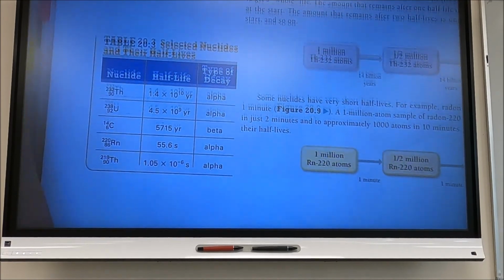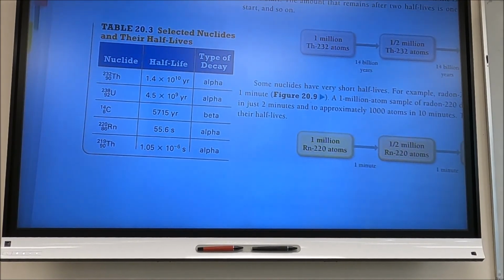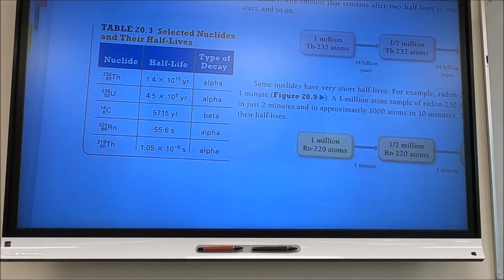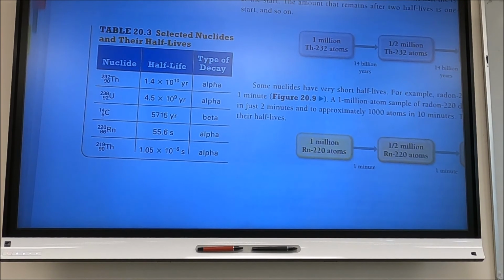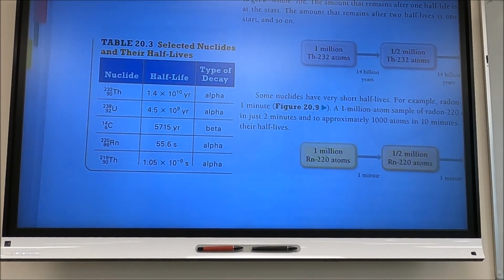Okay, if we want to deal with anything older than 50,000 years, we have to look at some different isotopes. They look at thorium, uranium, to do some dating if we're looking at things older than 50,000 years. The half-life of carbon-14 is 5,715 years.